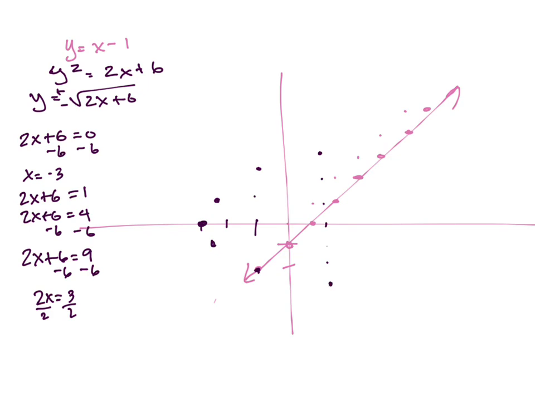Let's finish graphing. We need to take the square root of not 9, but what's next? 16. We need the exact points. We've got to collide on the other side. 5, comma 4.